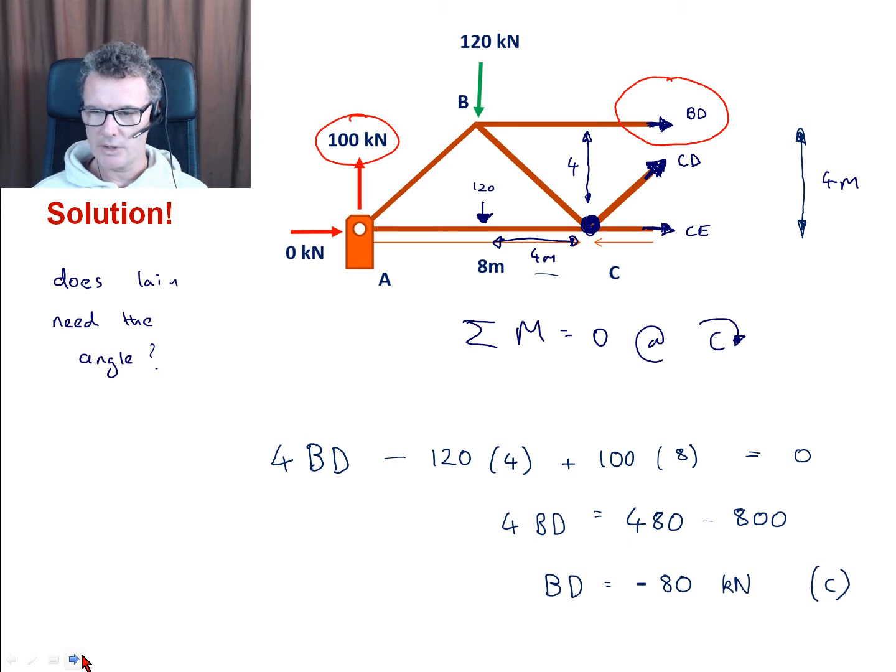Just trying to do that in my head. So we got 3, minus 320. Is that right, isn't it? Yeah, minus 320 divided by 4, so that's minus 120 minus 80. Is the final answer.